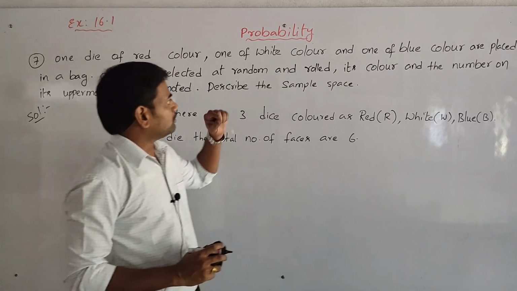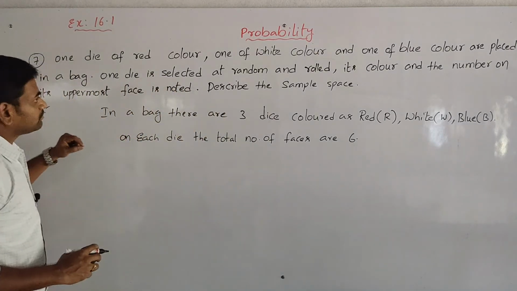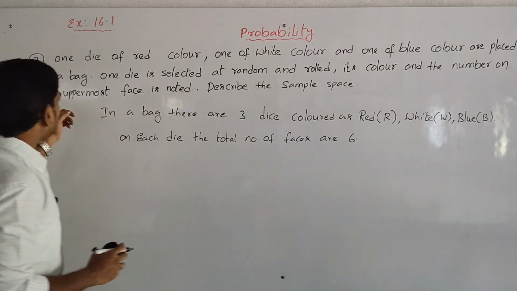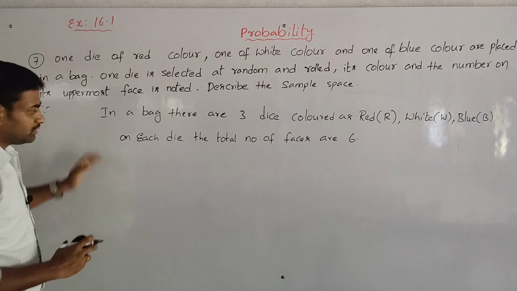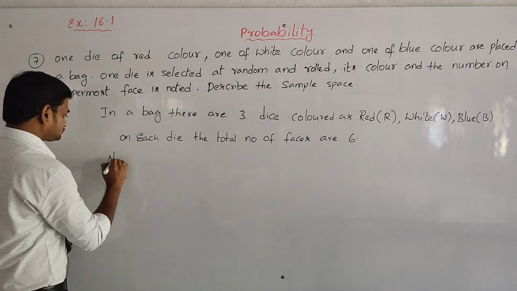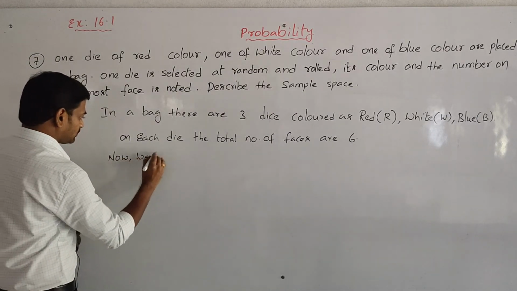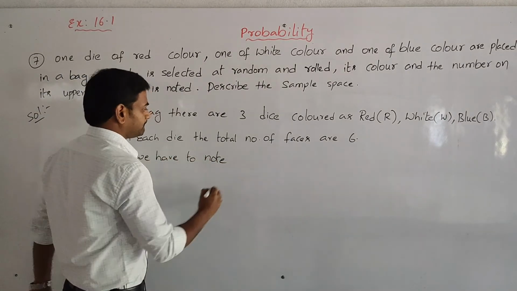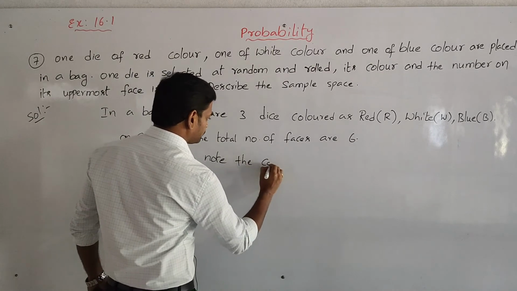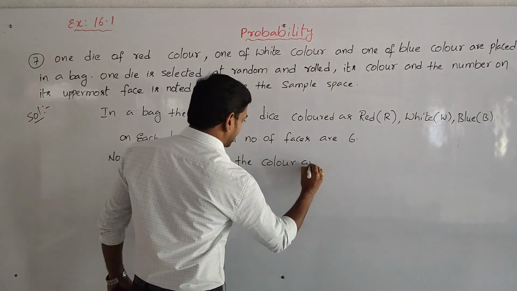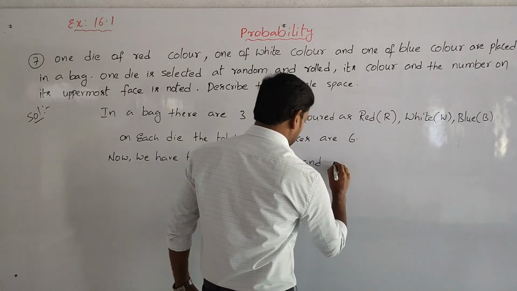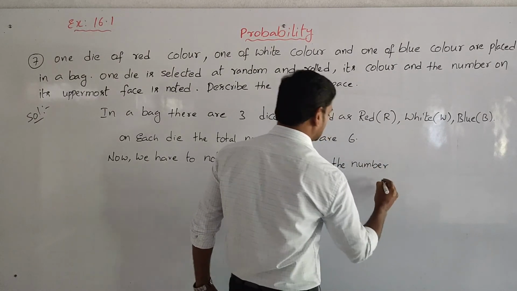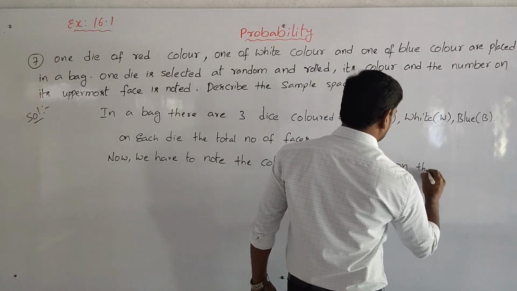Now we have to note the color and the number on the uppermost face of the die.